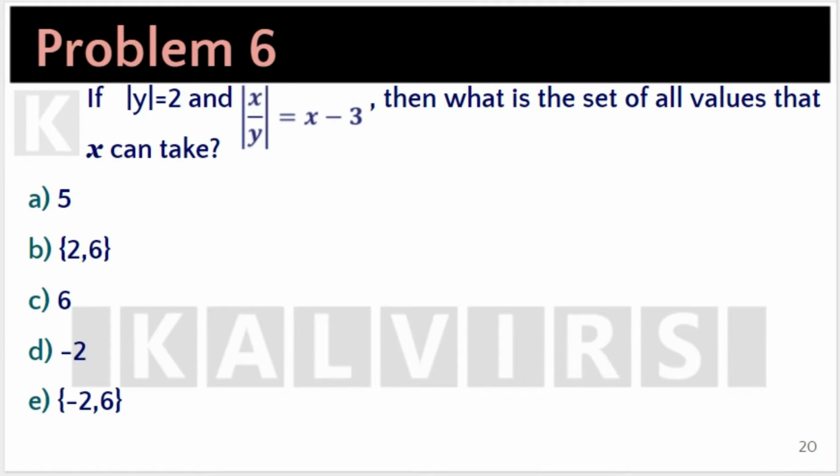If the absolute value of y is 2 and the absolute value of x over y is x minus 3, then what is the set of all values that x can take? So first of all, the result of an absolute value of any number is always greater than or equal to 0.